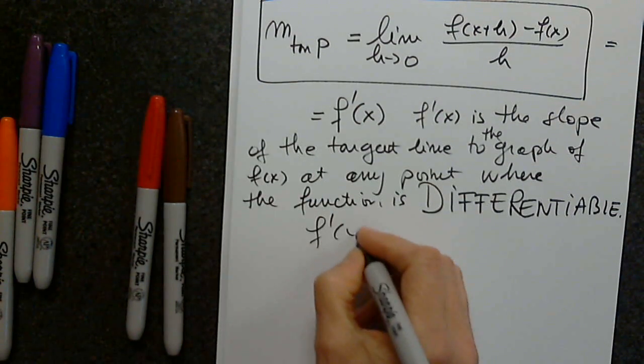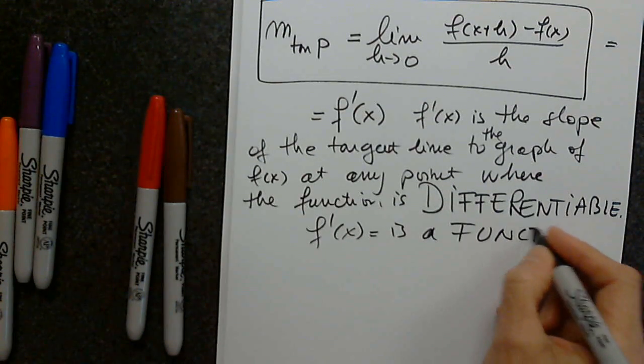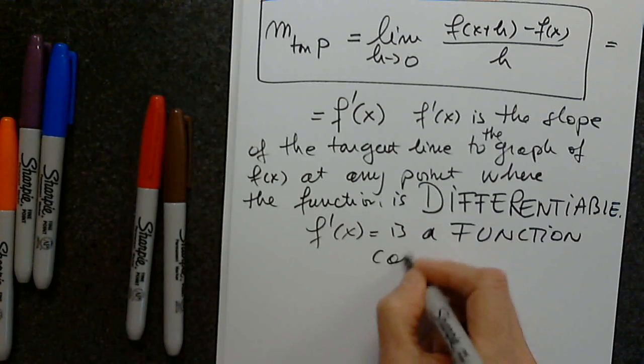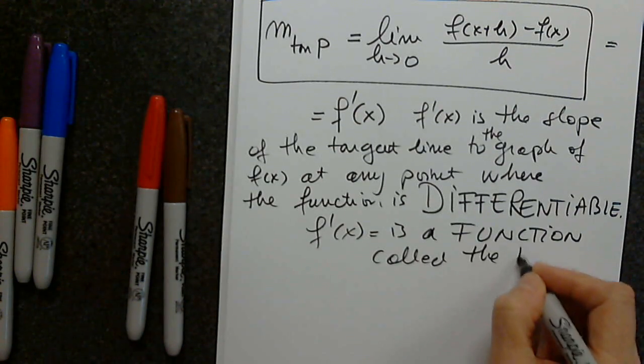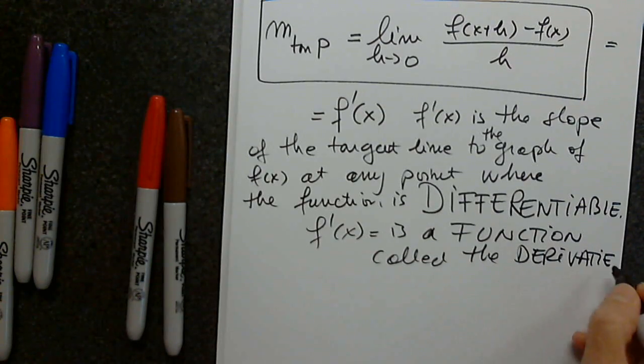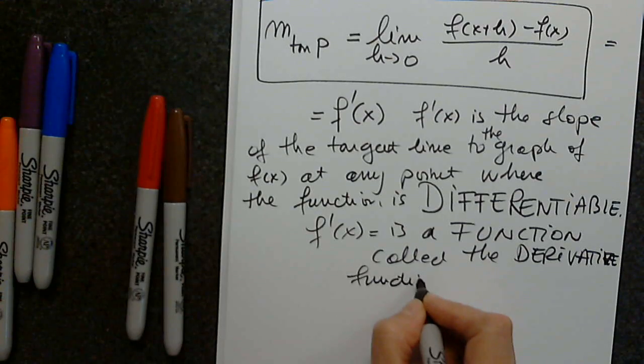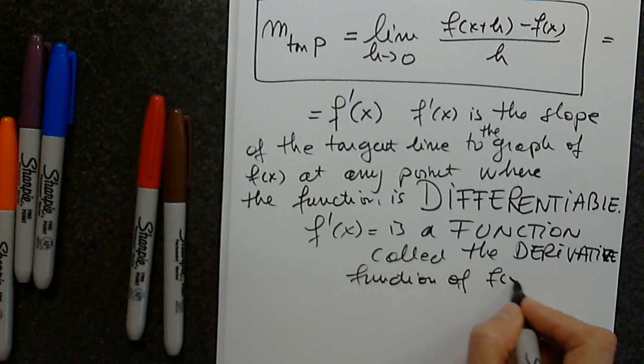Now f prime of x is a function called the derivative function of f of x.